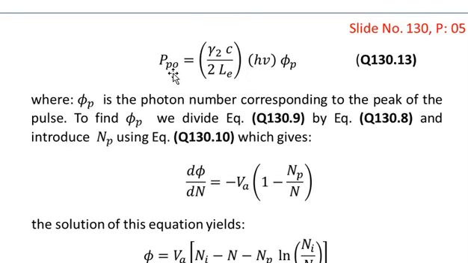Since we are calculating the peak value corresponding to the output pulse, we are using the photon flux corresponding to the peak value of the number of photons. So this phi p is the photon number corresponding to the peak, and that is why this is the peak output value from the laser output beam.